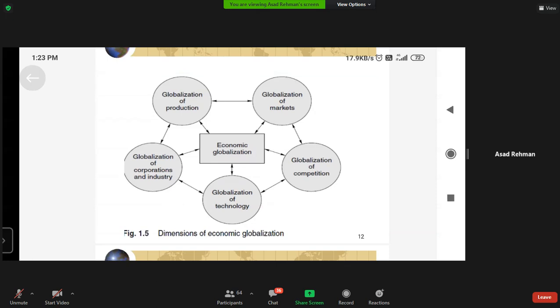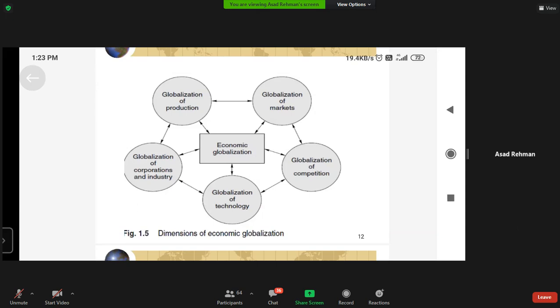And we are all aware that most organizations are no longer restricting themselves to manufacturing their products in their home country and then exporting those products to the international markets.